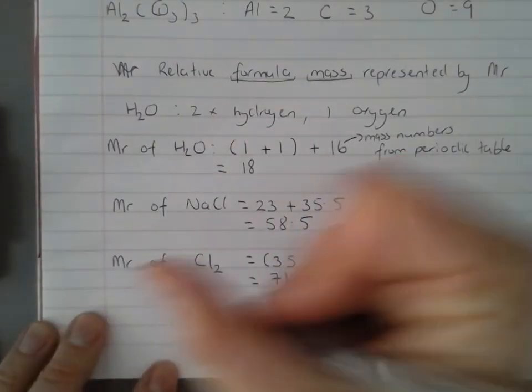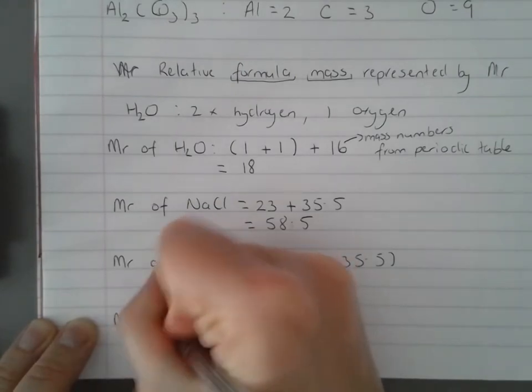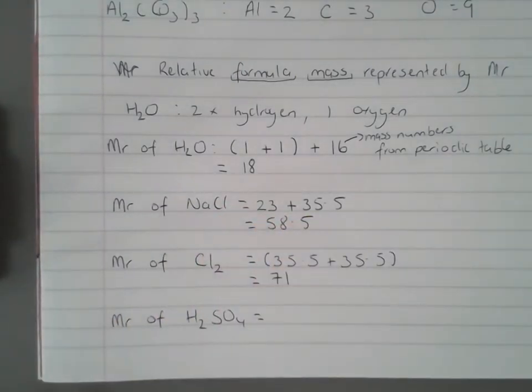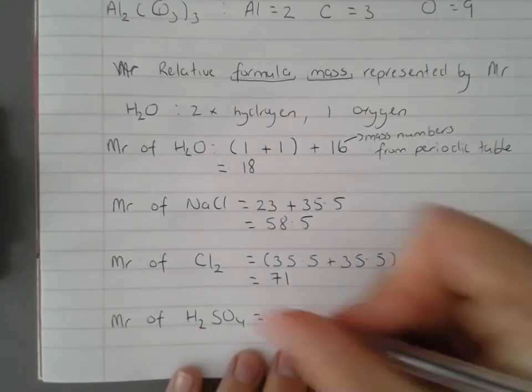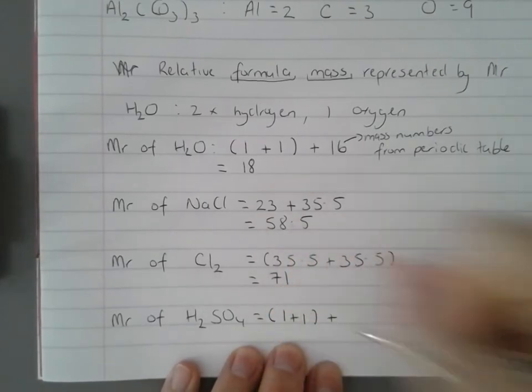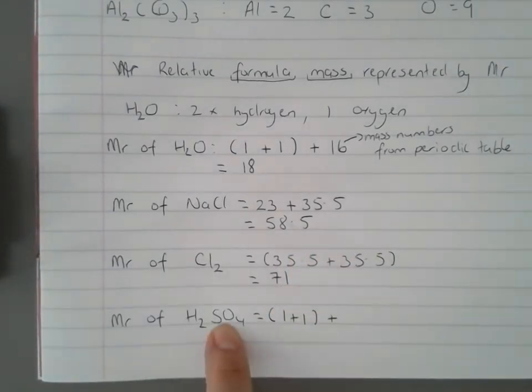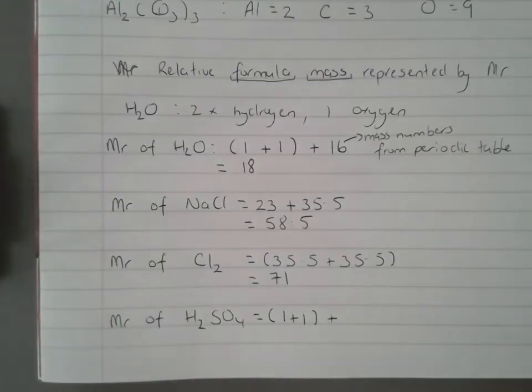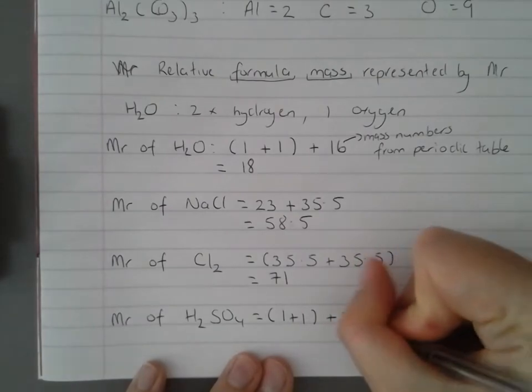If I did the relative formula mass of H2SO4, I have got 2 hydrogens and the mass number of hydrogen is 1. So that gives me 1 plus 1 for hydrogen. I've only got 1 sulfur because there's no number after sulfur. The big number next to sulfur on my periodic table is 32. So it's going to be plus 32.